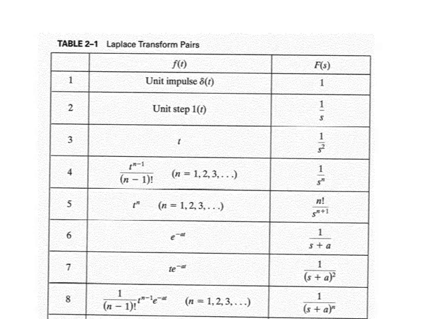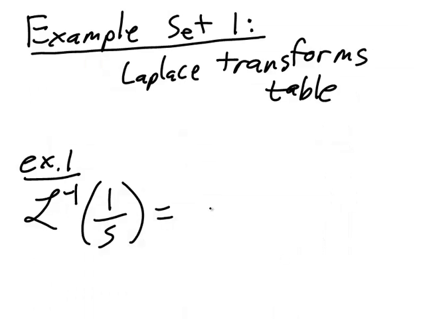When we look at this table, we see that our function does actually match exactly one of the lines. 1 over s in this table is the Laplace transform of a unit step, or the number 1. So here, the inverse Laplace of 1 over s is just the number 1.